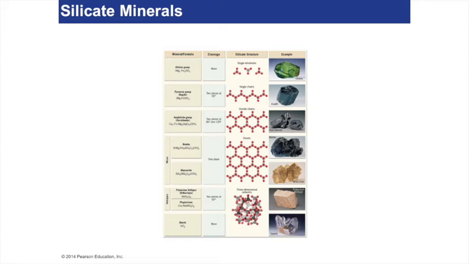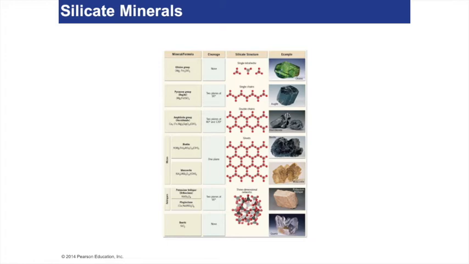You can have an entire group. Remember, there's 800 of these. So there's lots of different kinds of minerals. The group that would be chains, where you have a single chain of them, are the pyroxenes, and so you have different types of pyroxenes.